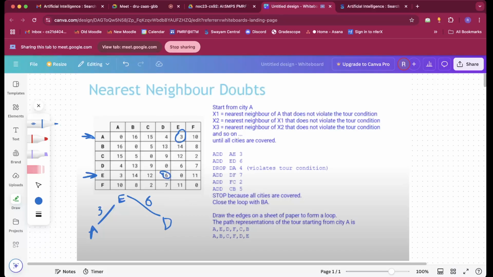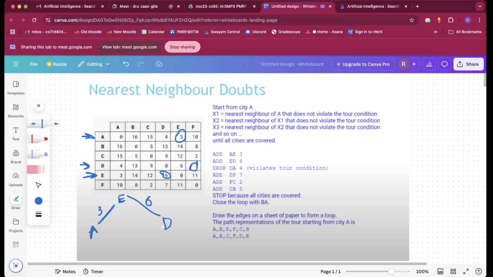Next we have to find some edge from D. Again in D the least cost edge is D to A, but we cannot use that because that will violate the tour condition. It will form a closed loop. So other than 4, the next closest edge is 6, but we cannot use that because that will also cause a closed loop between D and E. So we'll have to go with 7.